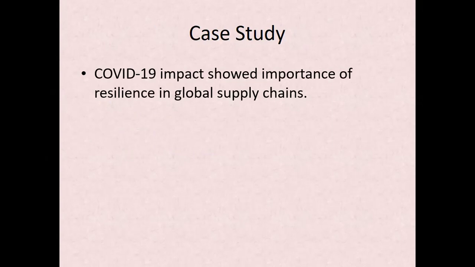However, some organizations that had diversified sourcing, digital visibility, and contingency plans were able to recover faster. This case study highlights the importance of resilience in modern supply chain operations.